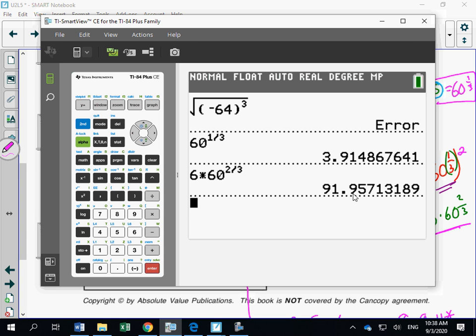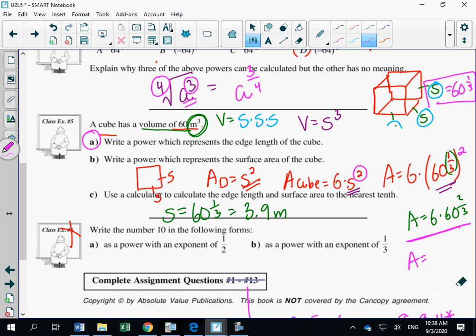Now I need to round this up. The nearest tenth means I do need to have a decimal here. So I would round this to 92, and I'd write 92.0 as my answer. Area is in meters squared. I'll help set this up on the homework question as well.